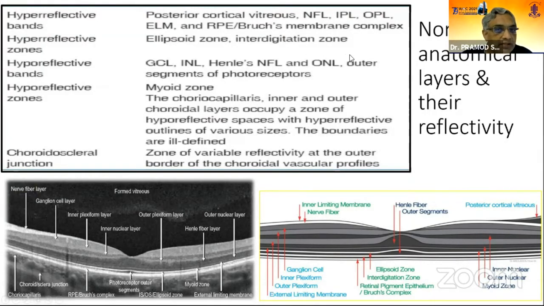In between, you have the ellipsoid zone and interdigitation zone, which give hyperreflective zones, and the myoid zone, choriocapillaris, and in general the choroid have hyporeflectivity.